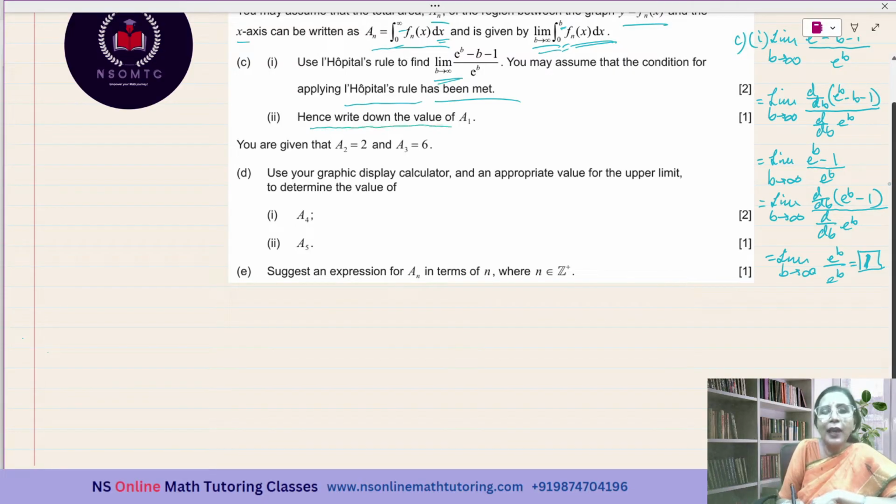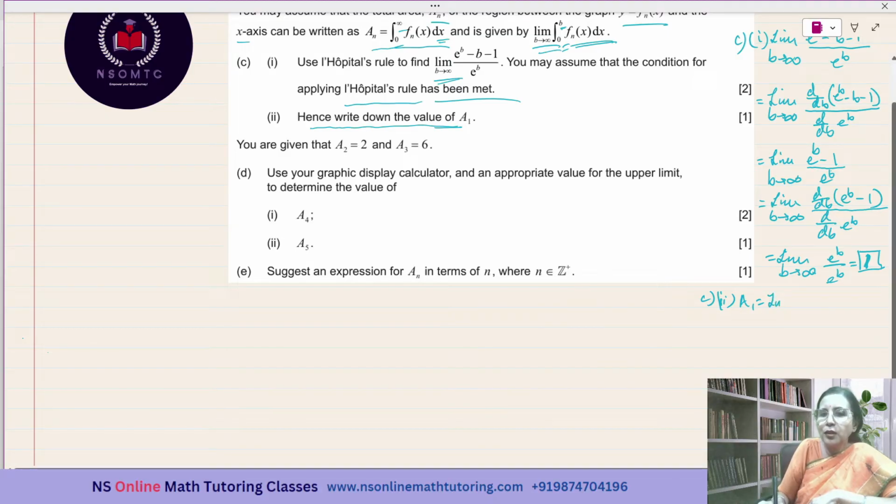Hence write the value of a1. Okay. So this is c and I. Okay. So a1 is equal to the integral from 0 to infinity, or I can write limit b tends to infinity that way. Okay.